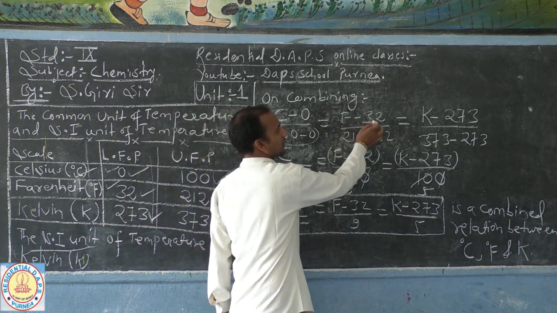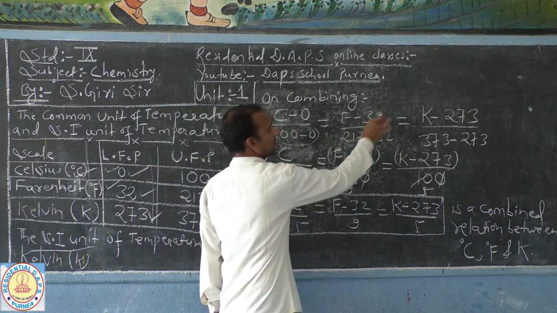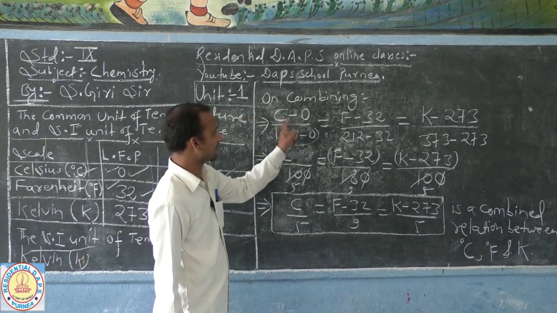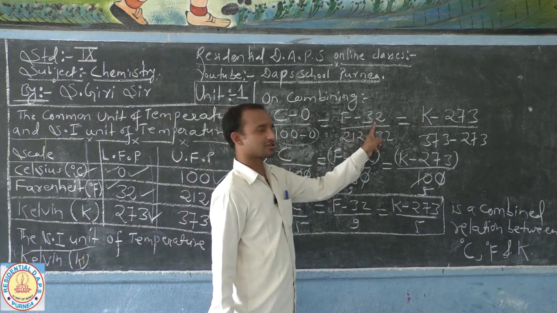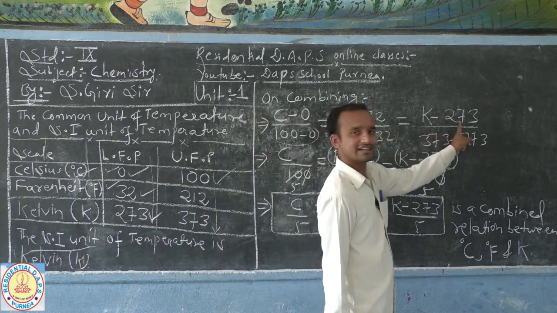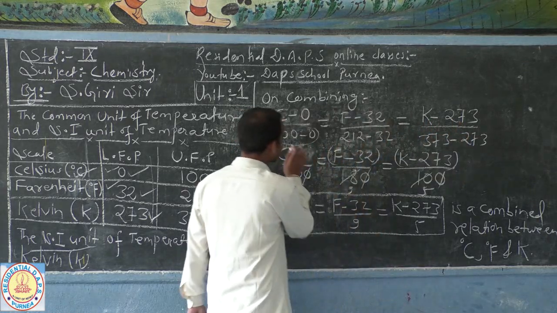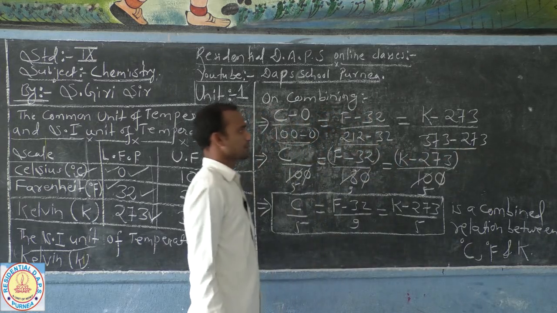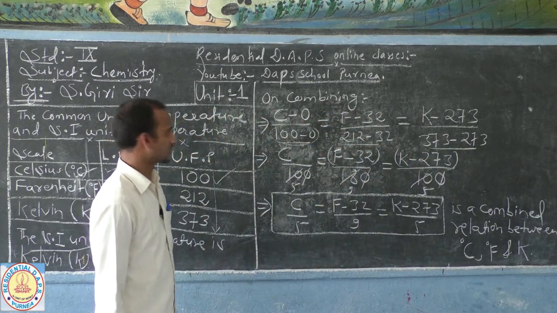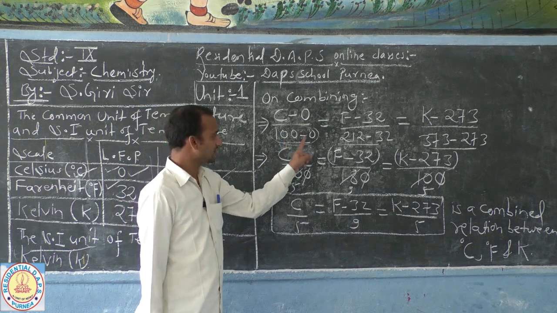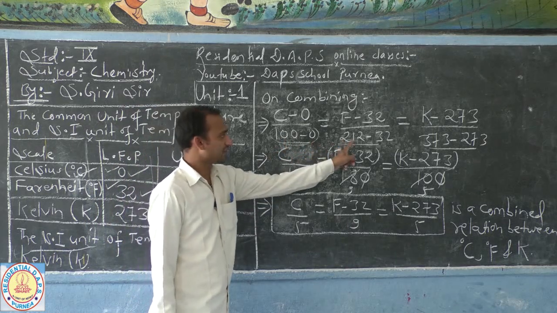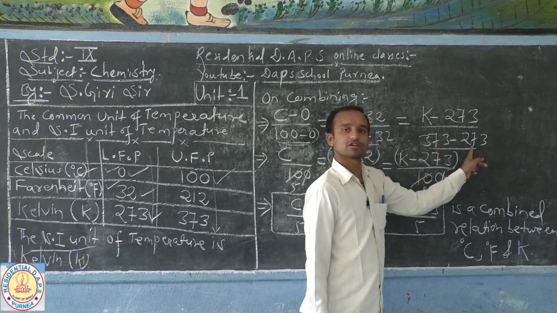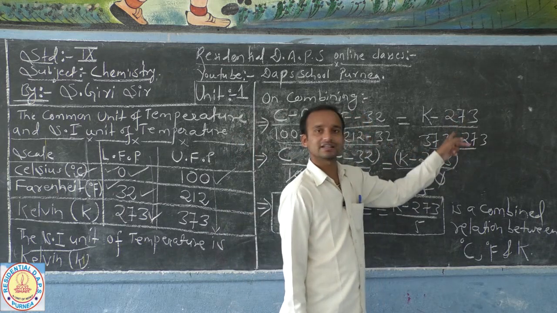Remember, the numerator is the scale reading minus its lower fixed point: F minus lower, K minus its lower, right? And in the denominator you have to write the difference between the upper fixed point and lower fixed point, upper fixed point minus lower fixed point in its scale.